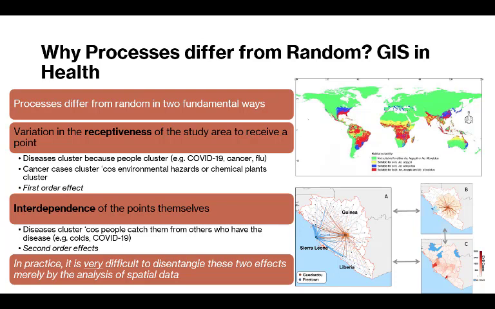So these two reasons make it very important for us to look at disease and health related outcomes from a spatial perspective and make it important for application of GIS.